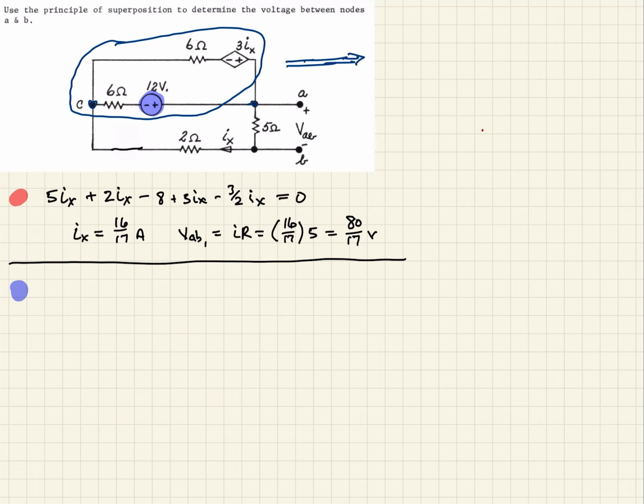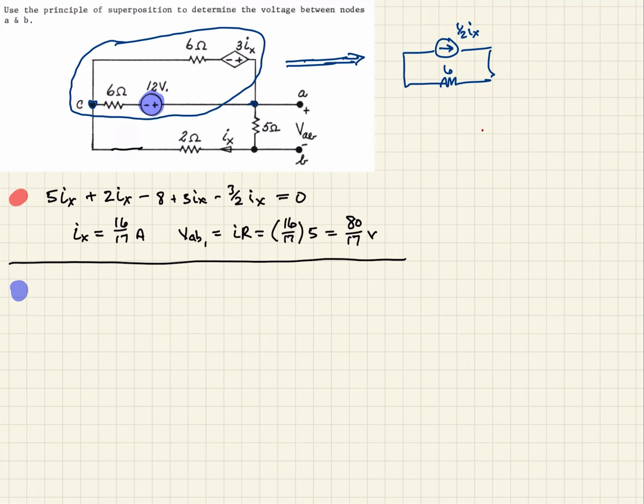So when I do the source transformation, the top part, again, is going to be a current source. It's going this way. And so 3 divided by 6, that's going to be 1/2 Ix. And that's going to be in parallel with the 6 ohm resistor.